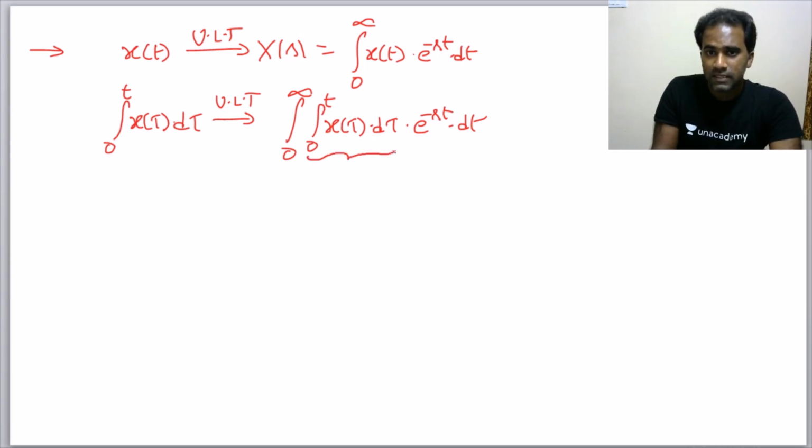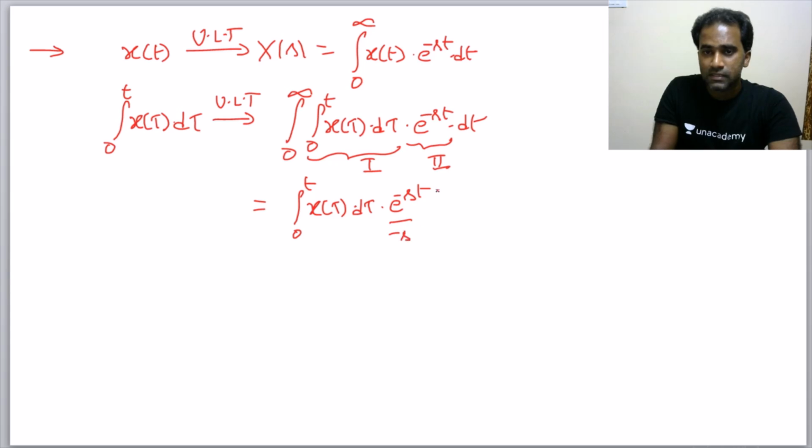Now imagine this signal as the first part and this as the second part. You can use integration by parts. It will be integration from 0 to t. The first part I'm writing as it is, and the second part we are integrating: e power minus st divided by minus s, limits from 0 to infinity, minus integration from 0 to infinity, where the first part is differentiated and the second part is integrated.